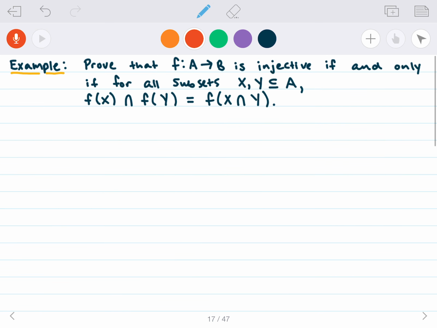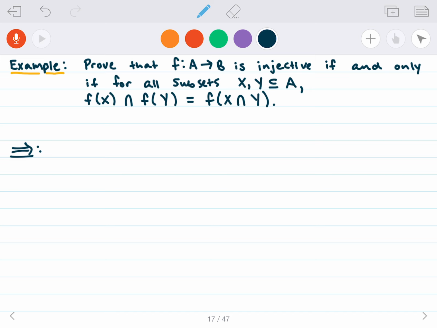So let's go ahead and do another example. This is an if and only if example. We have a function from A to B. We want to show that it's injective if and only if this set equality is true. Let's start with the forward direction, as they say.